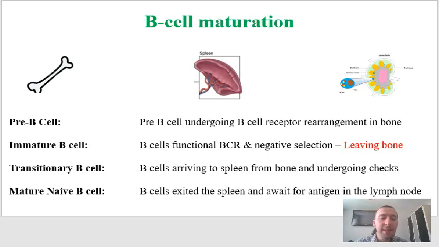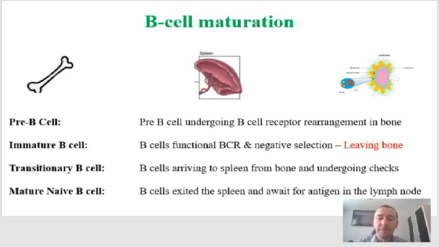So it's in the bone that the B cell will start out as a pre-B cell. There are a series of stages of that process where pre-B cells undergo B cell receptor rearrangement. Okay, folks, just to reiterate, all immature B cells start off with the same B cell receptor, and this initial stage of maturation involves that B cell manipulating its B cell receptor genes so that that specific B cell has a unique receptor.